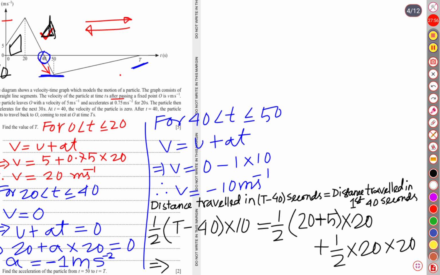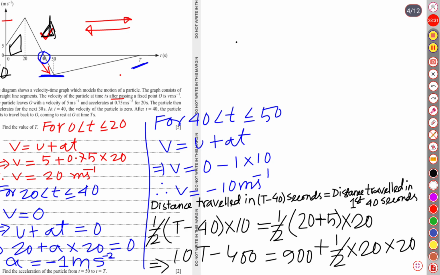Every quantity contains a half, so let this half be dissolved. After that, it is going to be 10T minus 400. And the right side is going to be 25 into 20, that is 500, plus 400, that is 900.